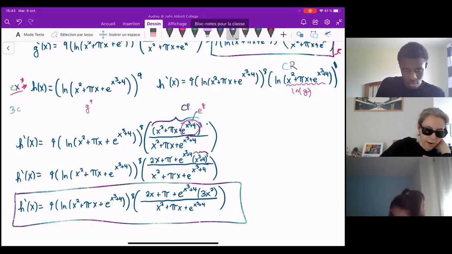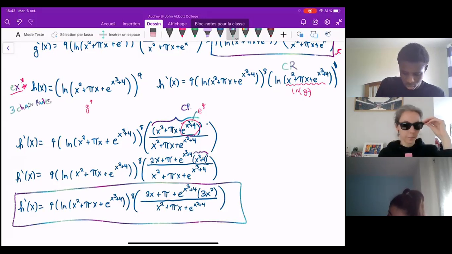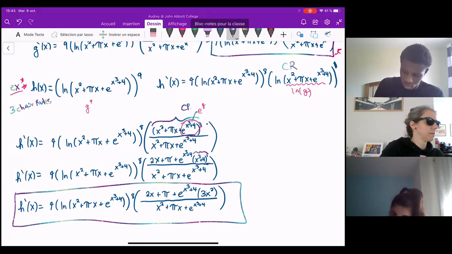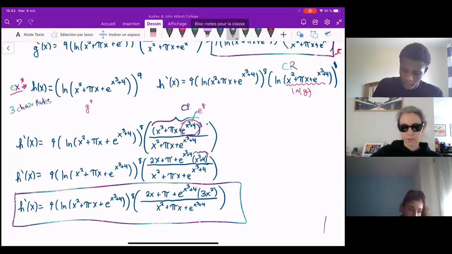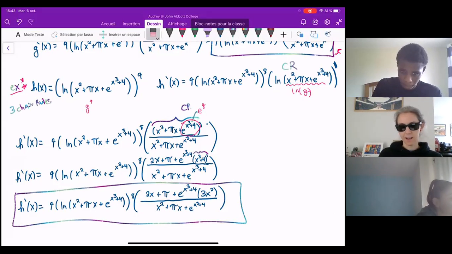And this required 3 chain rules. Have I lost you guys yet? These embedded chain rules can get a little confusing.